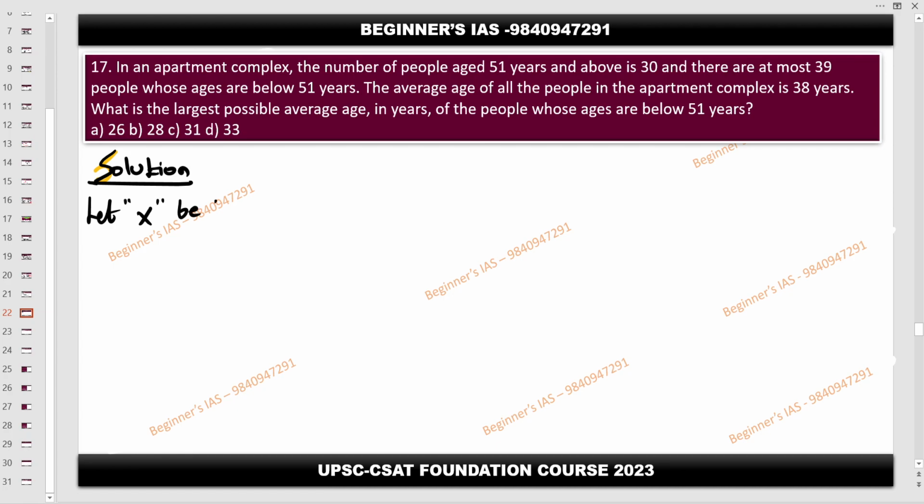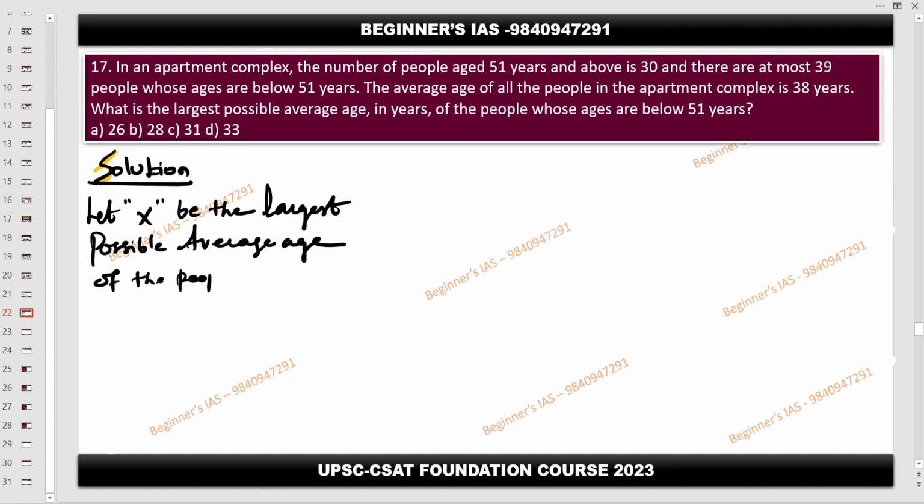So let x be the largest possible average age of the people whose age is below 51 years.